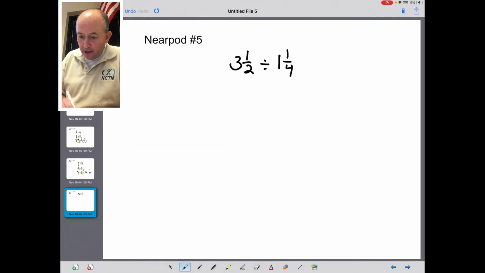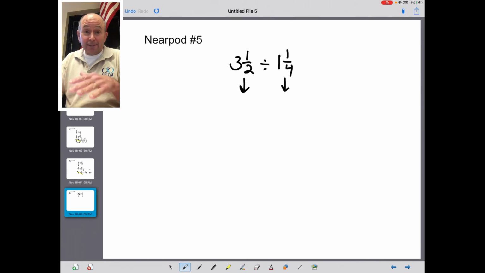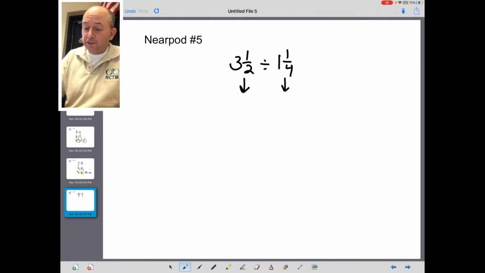Here we go. Before we can do this division problem, kids, if he hasn't told you already, everything needs to be turned into improper fractions. So you're going to take the 1 1/4, you would multiply 4 times 1, and then add 1 from the numerator. So 4 times 1 is 4, plus the 1 is 5. So you would have 5/4.